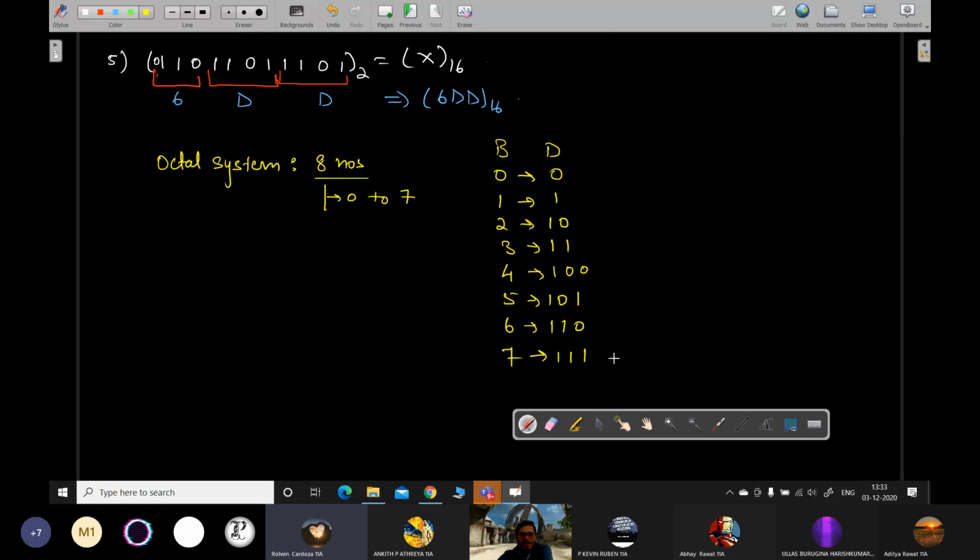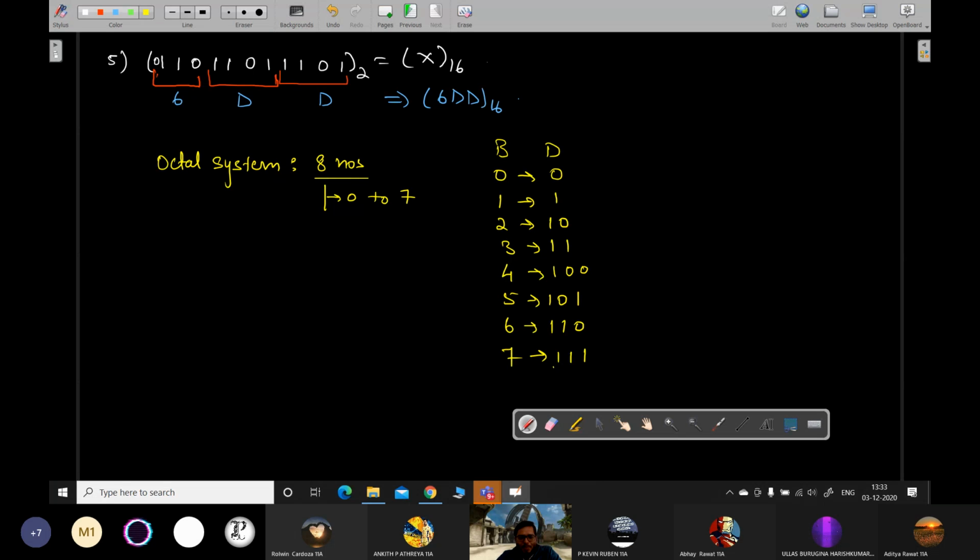Right? So can you see, each of the digits in the number system ranges from 0 to 7. So the smallest binary number that can represent a digit is 0 and the biggest is 7.